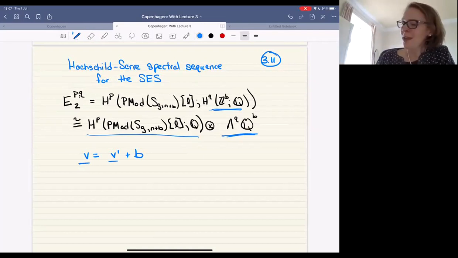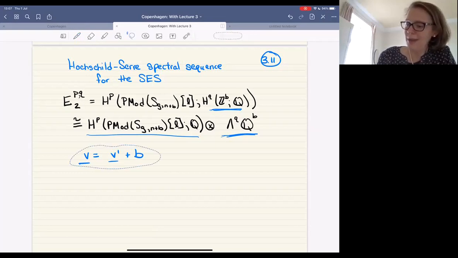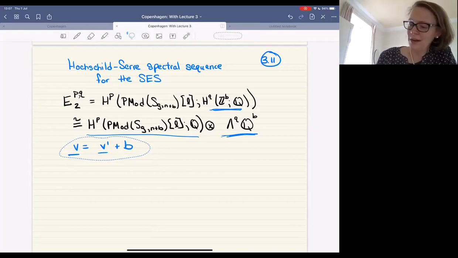Okay, so the only non-zero term that we're going to see here, maybe I should write some of this down instead of just saying this out loud.